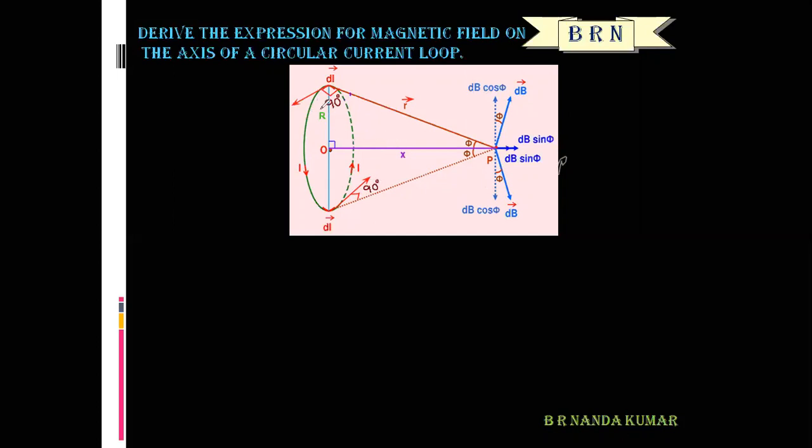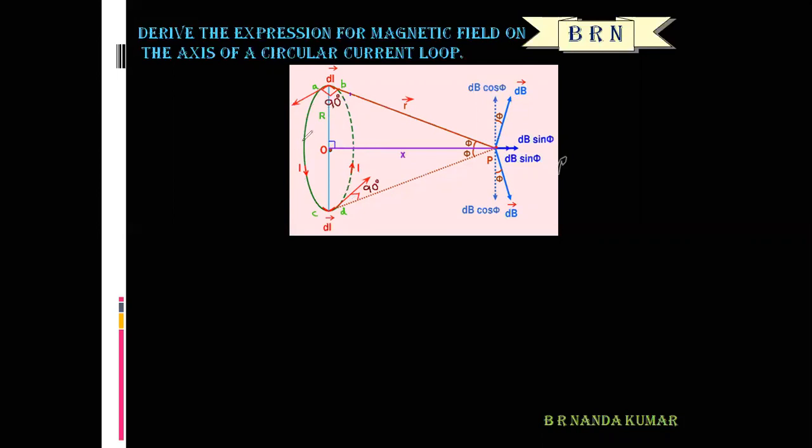After that, let us consider two small circular elements. AB and CD are two diametrically opposite current elements. O is the center of the current loop.